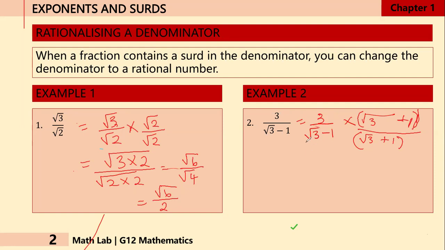This is what I did: 3 over root 3 minus 1, you multiply by root 3 plus 1 over root 3 plus 1. Why do we choose this? To rationalize this, remember, we want to get rid of the square root of 3 minus 1 at the bottom there.